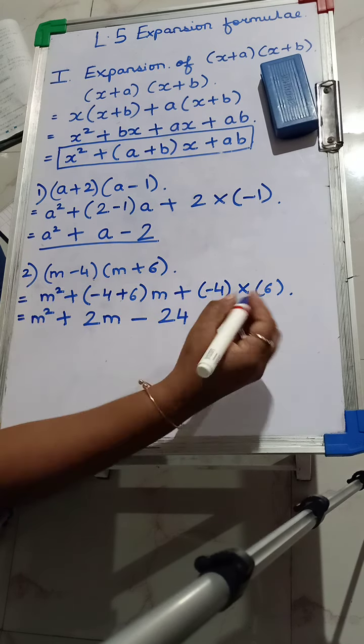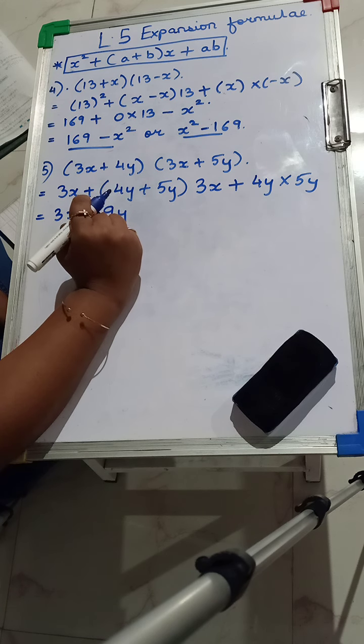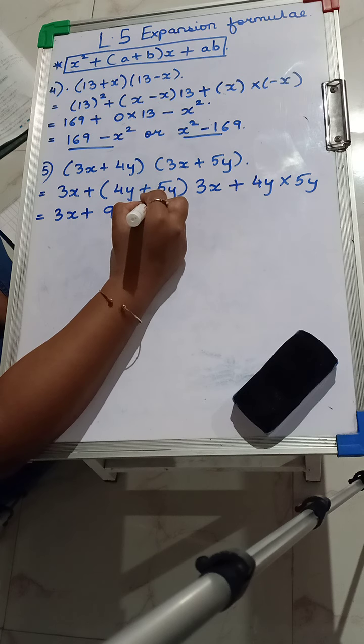Now we are going to first solve the brackets. So 3x will come down as it is. 4y plus 5y will give you 9y. 4 plus 5 is 9, and y we write here. So 9y multiplied by 3x.